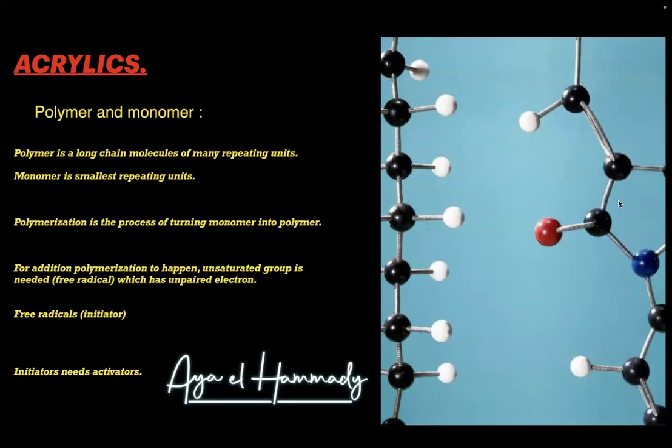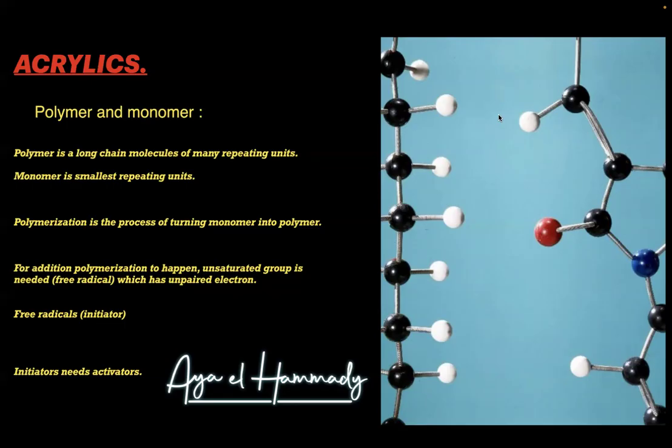Can you explain again, ma'am? Okay, we have one molecule and we have a group of molecules, right? The one molecule here is called the monomer. The group of molecules is called the polymer. I need this one to form the polymer, a lot of molecules. So what will happen?